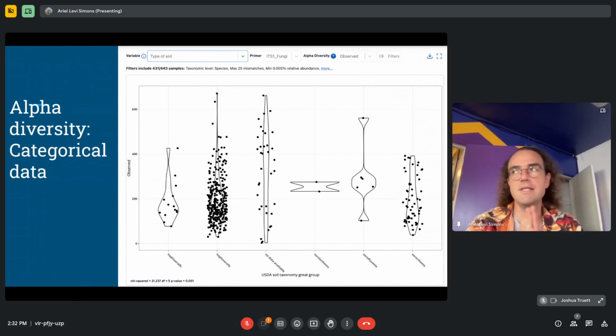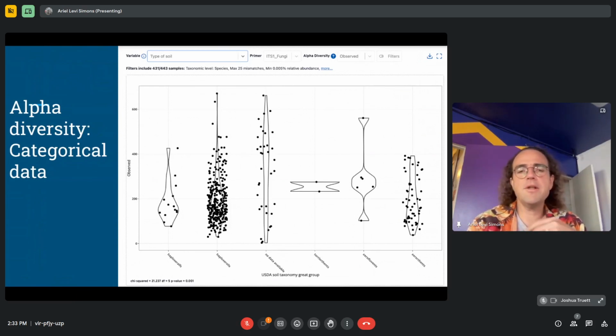The answer in this case is yes. The p-value is 0.001, which is another way of saying there's essentially a 0.1% chance that these differences are due to some statistical fluctuation. So fungal diversity varies significantly between soil categories. Not earth-shattering results. They're actually boringly reassuring, which is good.